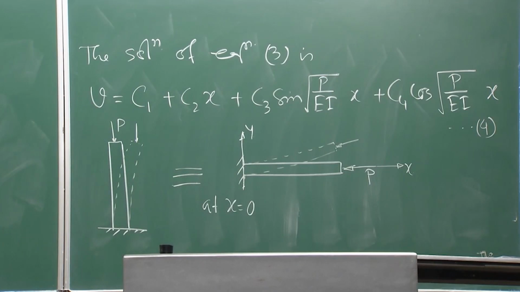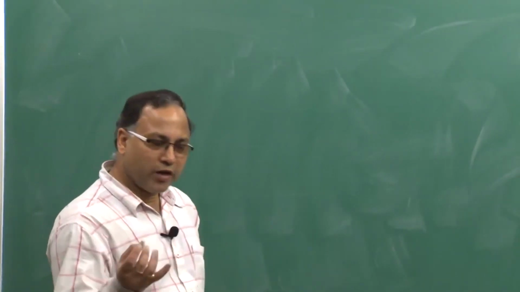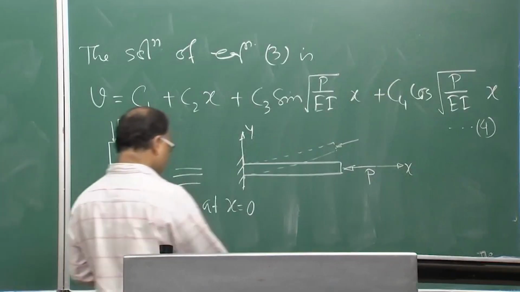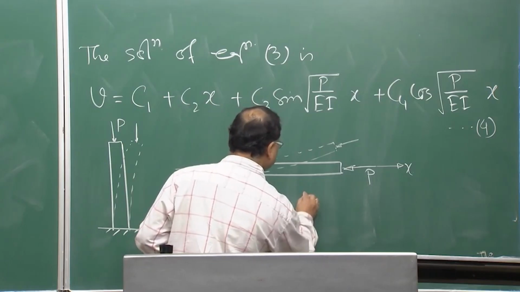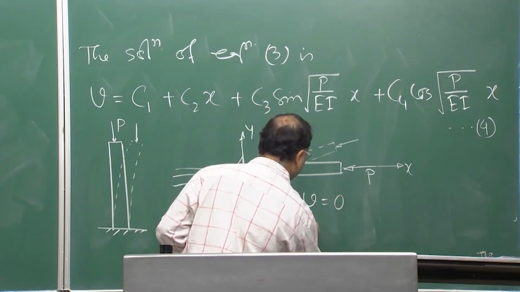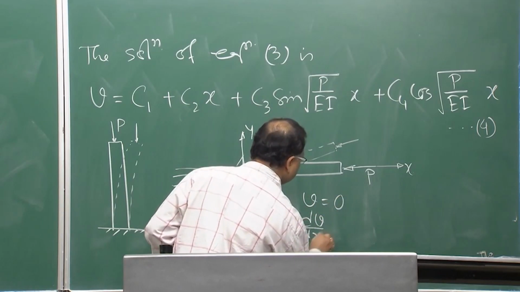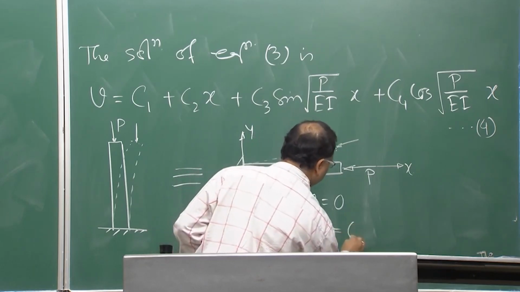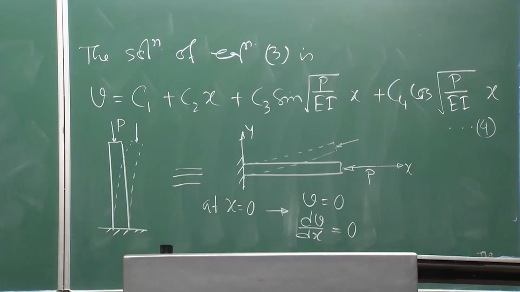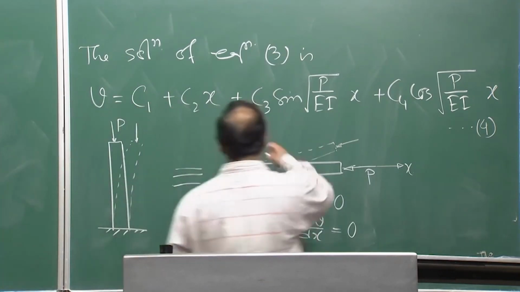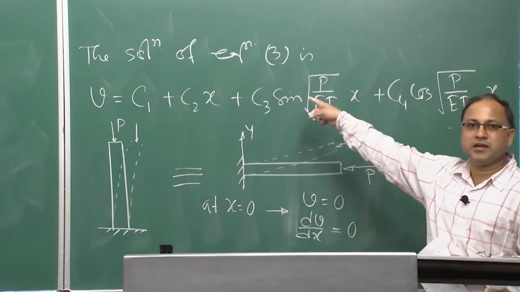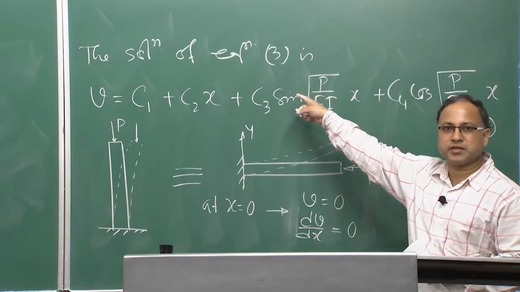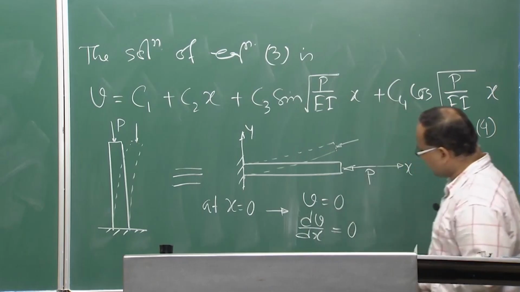There is no displacement, no rotation, right. So, I can simply write V equal to 0 and dV/dx equal to 0. Agreed. Because I need 4 boundary conditions for getting 4 unknown constants, right. So, 2 boundary conditions we have got.